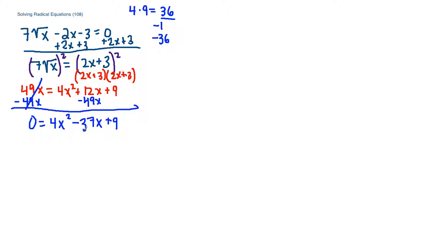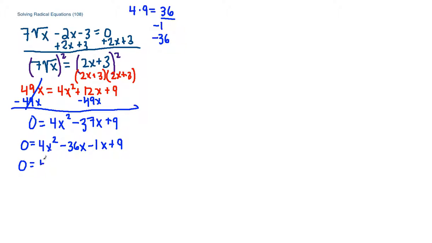I'm going to take the middle term and split it into two separate terms: negative 36x and negative 1x. So you can see this equation is the same as the equation above it. I just took the middle term and separated it. The reason I did that is because now I can factor by grouping.